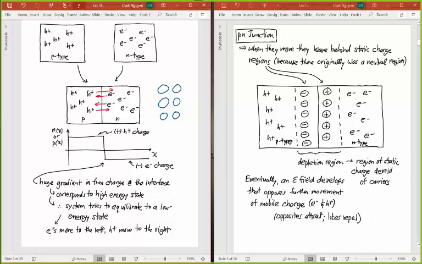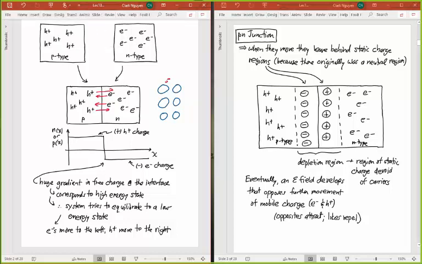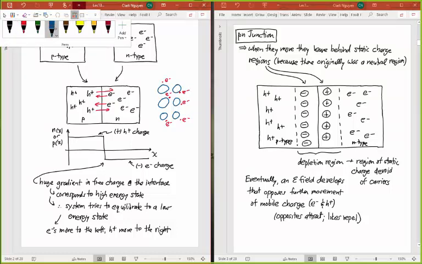And so in that case, let me use red to create my electrons here. So I got an electron there. That atom let that electron go. This atom let that electron go, etc. I've got one electron for each atom. Suppose I've got a donor material. So I'm really looking at the n-type material on this side here. So that this is corresponding to everything on the right side.